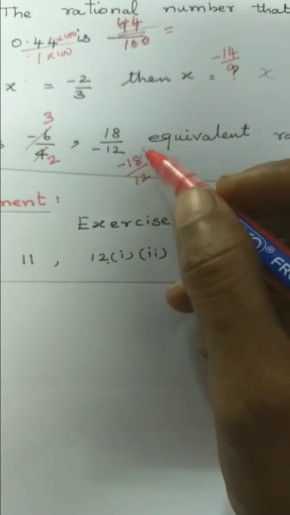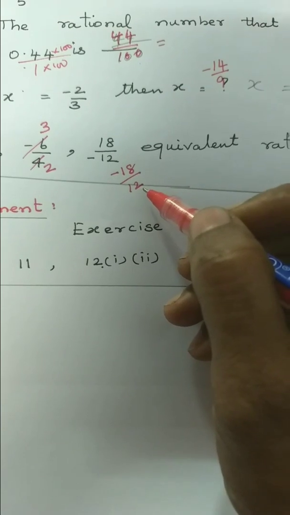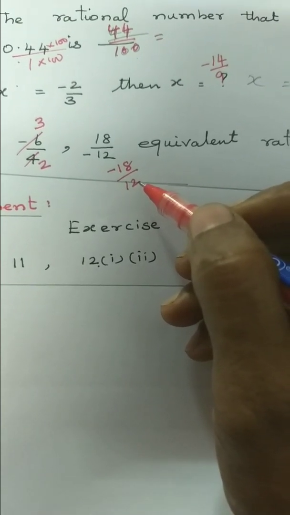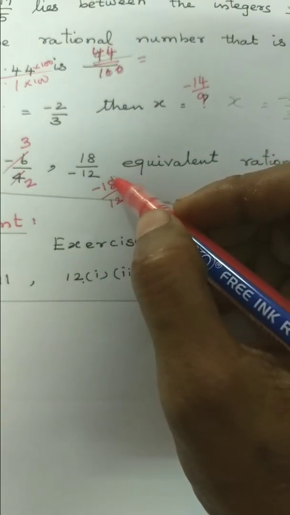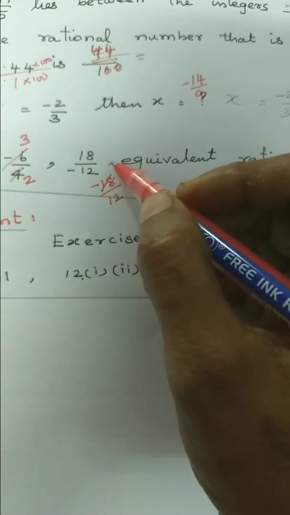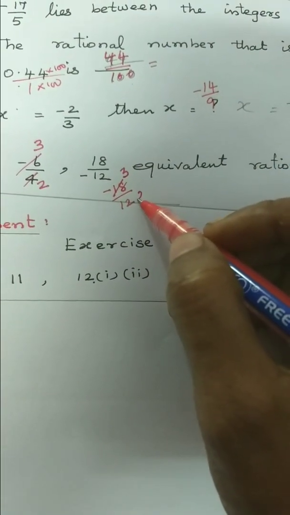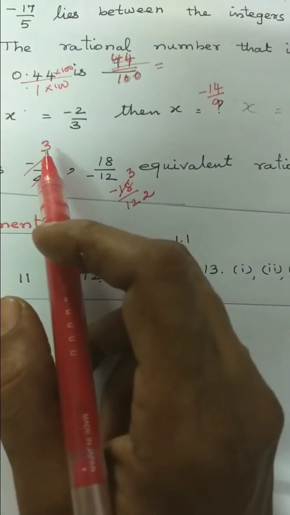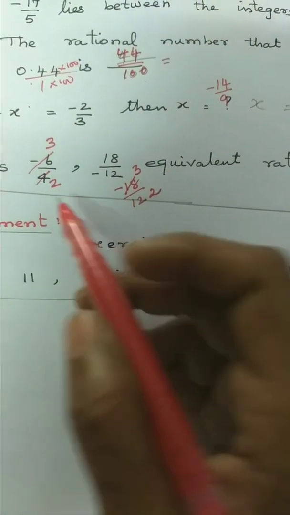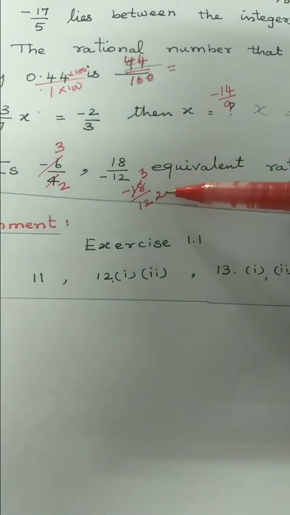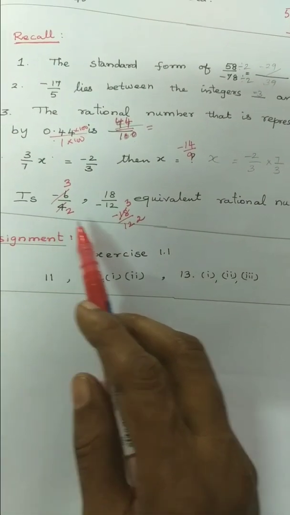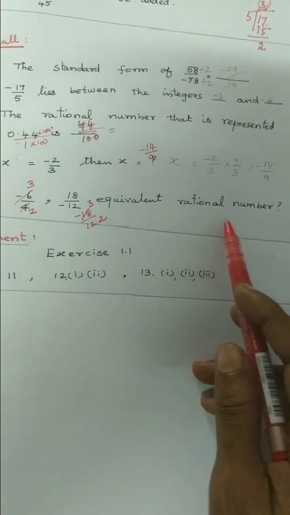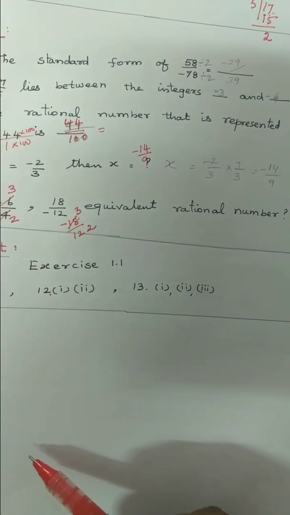This also you can cancel. These two, 18 and 12, come in which table? Yes, the 6 table: 6 3s are 18, 6 2s are 12. Now see, here also minus 3 by 2, here also minus 3 by 2. So yes, these two numbers are equivalent rational numbers.